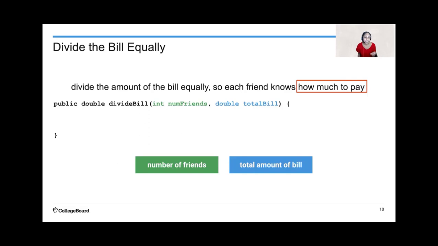So I'm going to have int numFriends to represent my number of friends that I'm splitting the bill amongst. And then I'm going to have the total amount of the bill, which is money, so it's decimal values, so that's going to be a double. That way I can use those two pieces of information within the actual content of the method to conduct that behavior. Then once I'm done, it'll return that back to where that method's called.